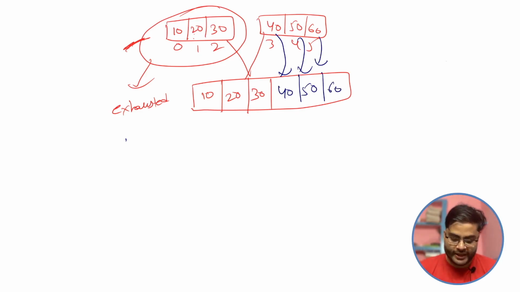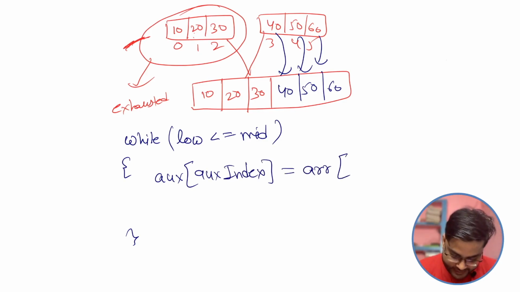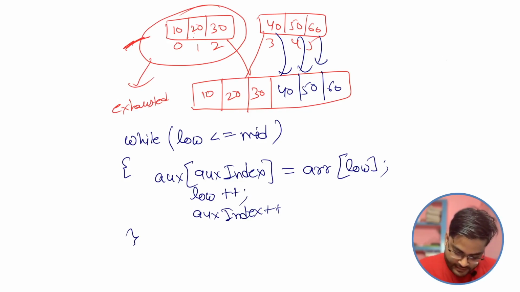So write conditions for this: while my low is less than or equal to mid, in my aux array at aux index I will put array of low, and increment low and increment aux index.